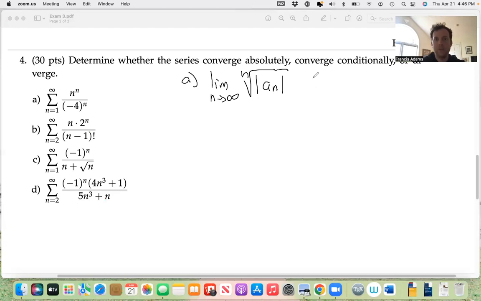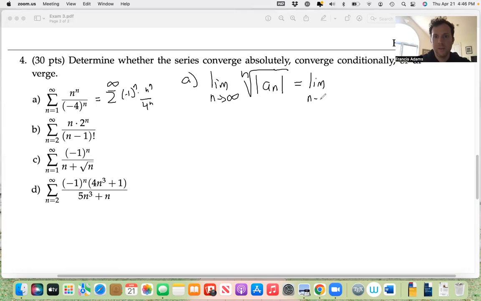Taking the absolute value will get rid of the alternating part. If you like, you can look at this as the alternating part and then n to the n and then 4 to the n. You can break up the bottom into the negative and the 4.